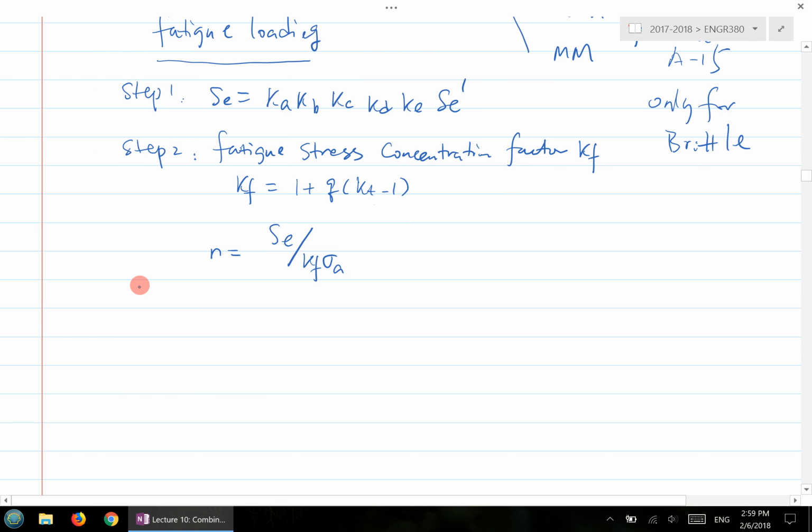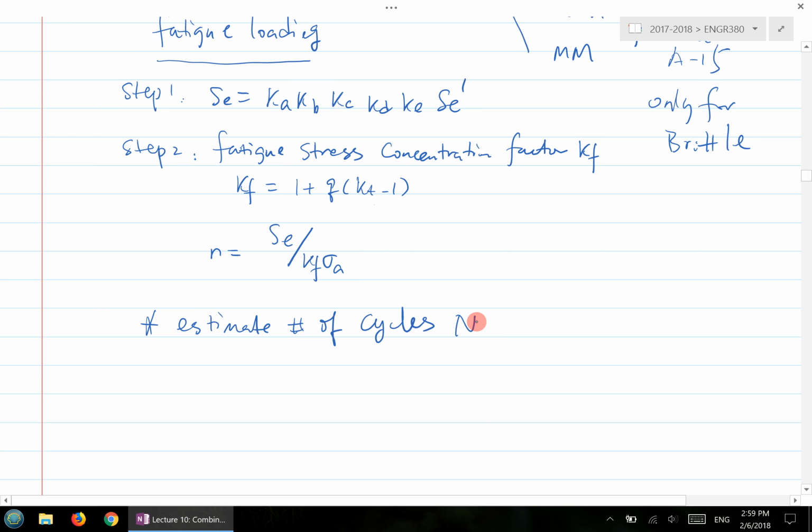Over this part of fatigue loading, there's another possible question. I wouldn't call it step 3, but another knowledge point within fatigue loading is to estimate the number of cycles.